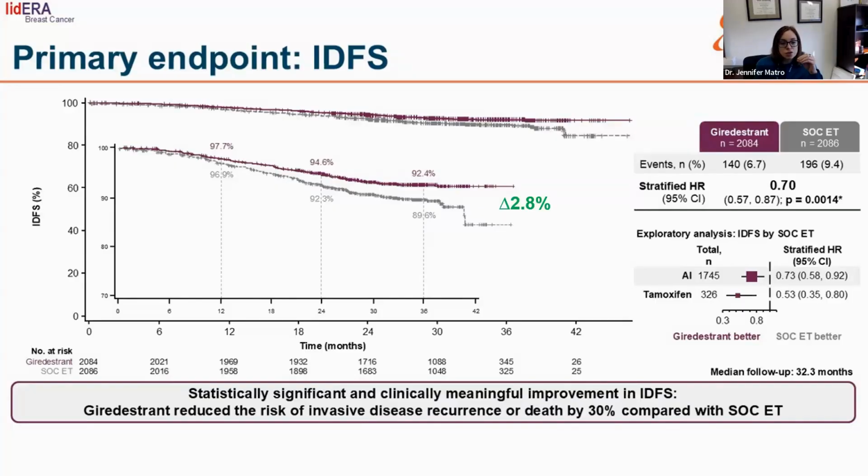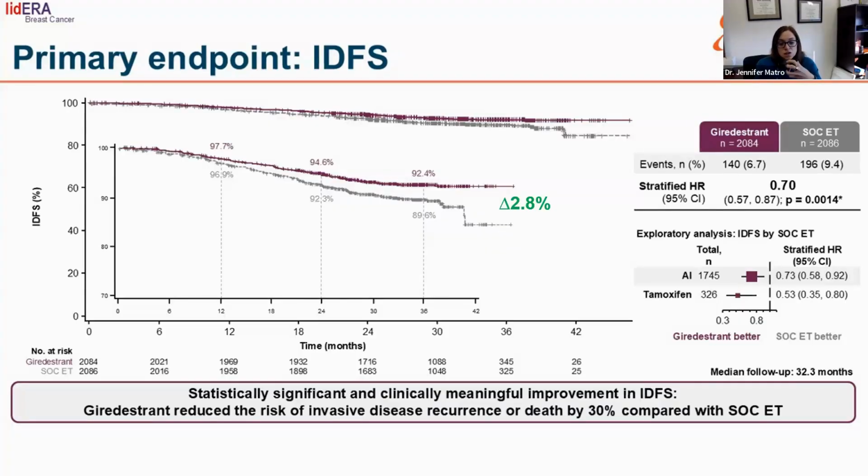So 97% of patients who were on giredestrant at a year were free from cancer recurrence, versus 96.9% of patients on the standard of care arm. So not that big a difference, but the curves continue to separate. And by about 3 years, there's an almost 3% difference in that. 3% fewer patients had a recurrence if they got the giredestrant versus the standard of care endocrine therapy.